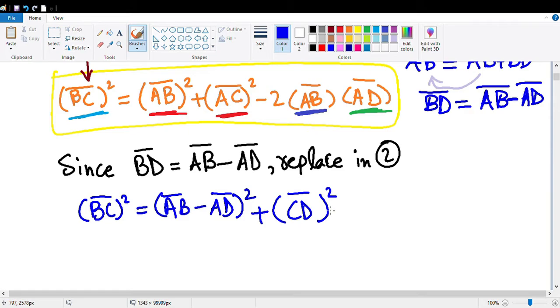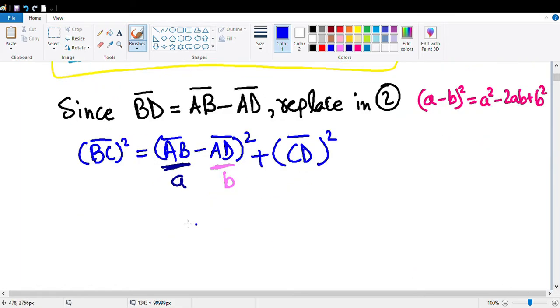If you remember from pre-algebra, the simple formula: A minus B whole square is equal to A square minus 2AB plus B square. This is what we're going to do over here. You can consider AB to be like A, and AD to be like B. So it's AB minus AD whole square.